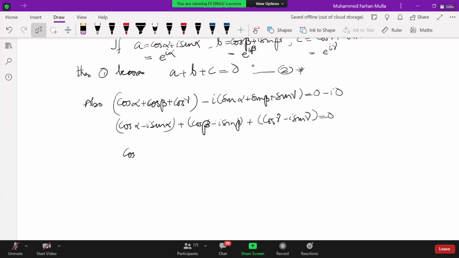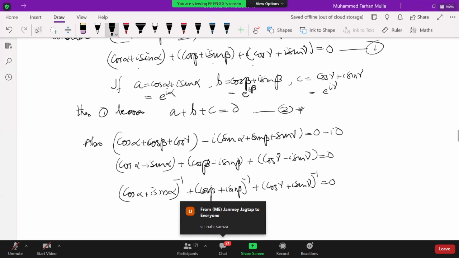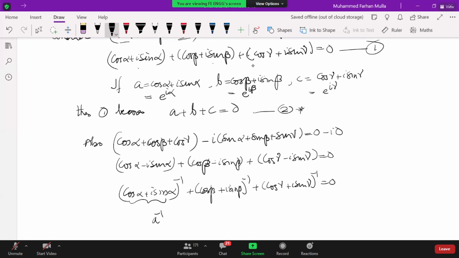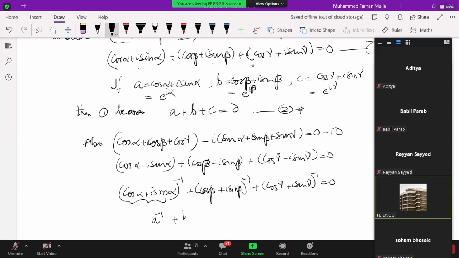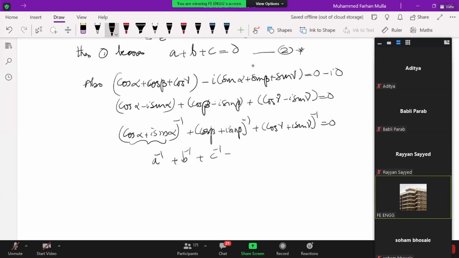So this is nothing but cos alpha plus I sin alpha to the power of minus 1, cos beta plus I sin beta to the power of minus 1, cos gamma plus I sin gamma to the power of minus 1 equal to 0. But this notation I have taken as A, right? Cos alpha plus I sin alpha is A, so A to the power of minus 1 plus B to the power of minus 1 plus C to the power of minus 1 equal to 0.